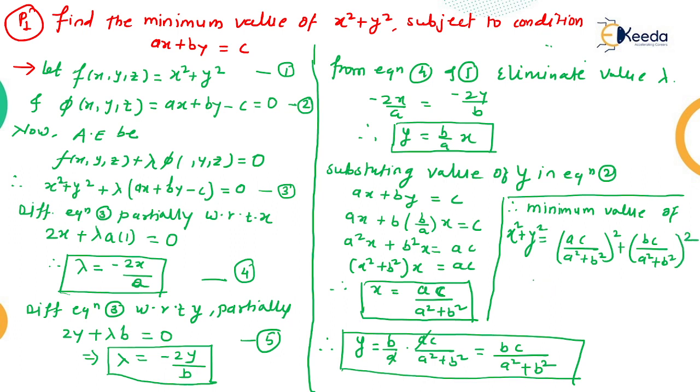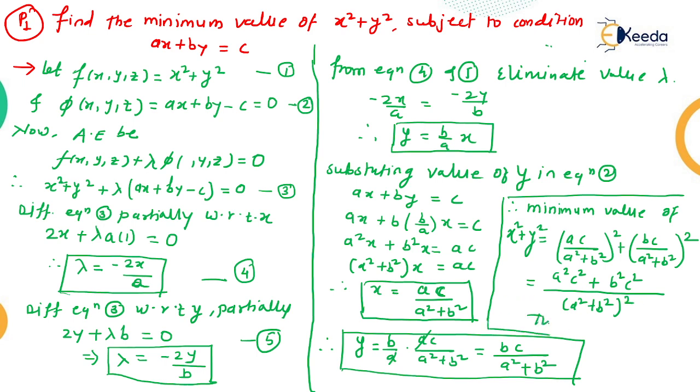After simplifying in one step, we get a square c square plus b square c square divided by, the denominator being the same, a square plus b square whole squared.